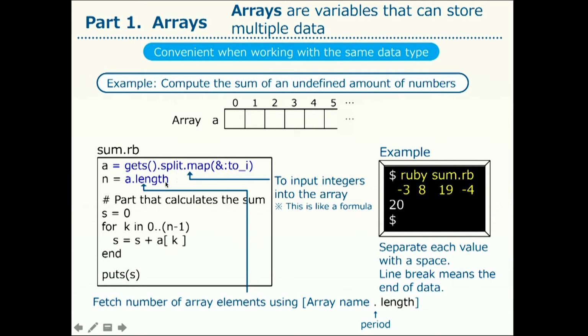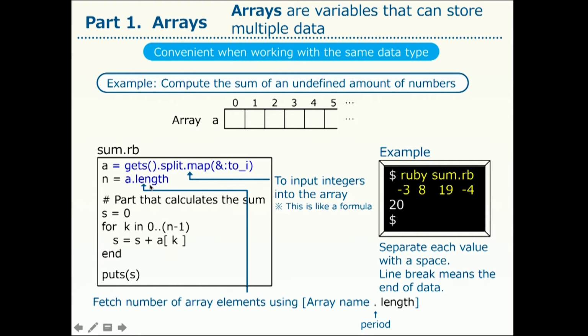The next line is for obtaining the number of data items entered into the array. Here we use n as a variable to keep this number. Now look at the right-hand side of the equal sign. By adding a period and the keyword length after the name of the array, we can get the length of the array, or the number of boxes in the array.